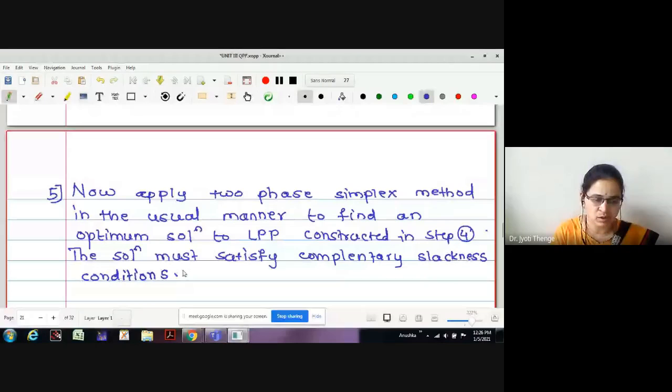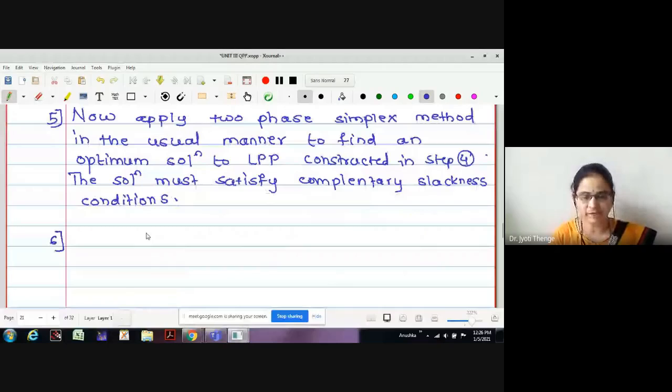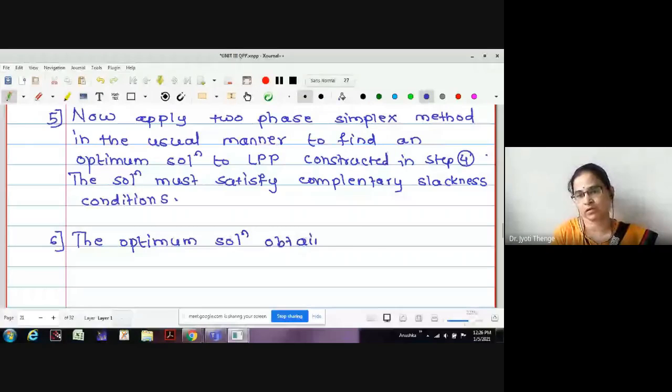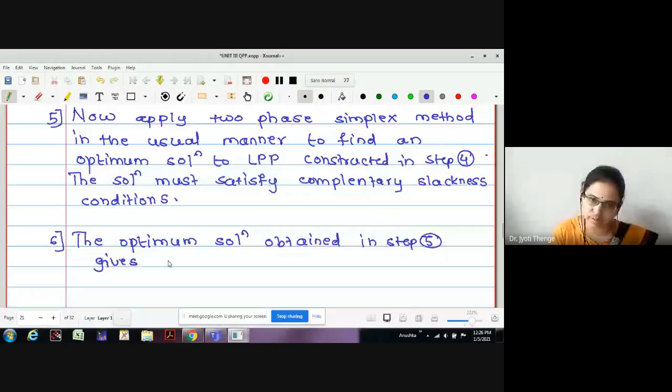And in the last step we will write that whatever optimum solution is obtained in step number 5 is the optimum solution to the quadratic programming problem also.